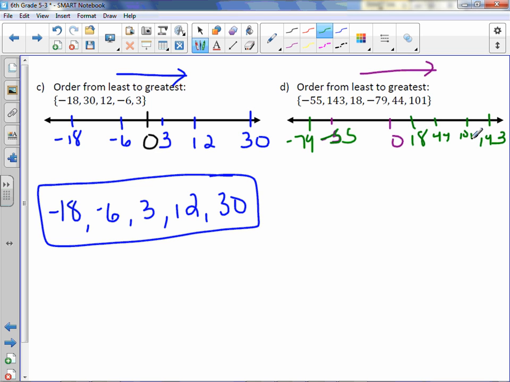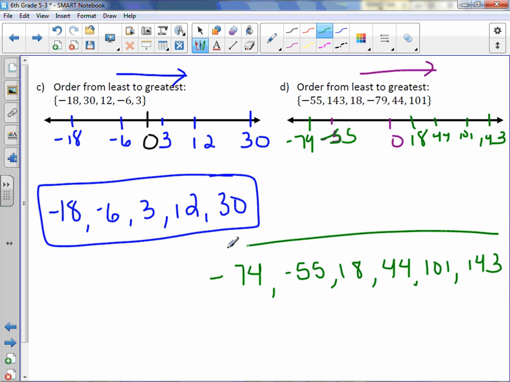Least to greatest. I'm going to write it down here. Negative 74, negative 55, 18, 44, 101, and 143.